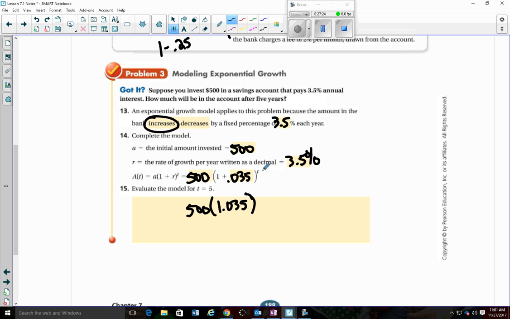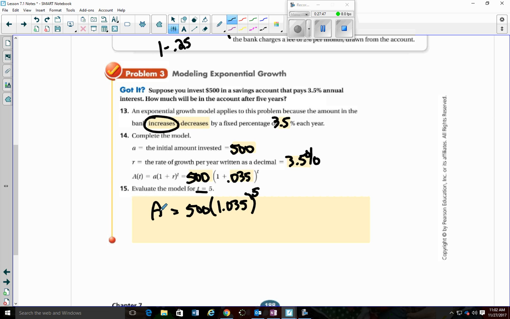All right, and then T is the number of years. Now, how long are we going to leave this in? We're going to leave it in there for 5 years. So this will tell me my amount. Again, you didn't do anything. You just left it in the savings account and just let it accrue interest. But when you calculate these, make sure you do order of operations first.